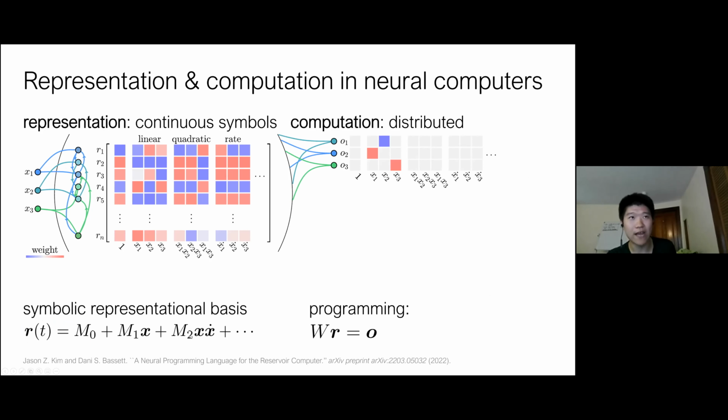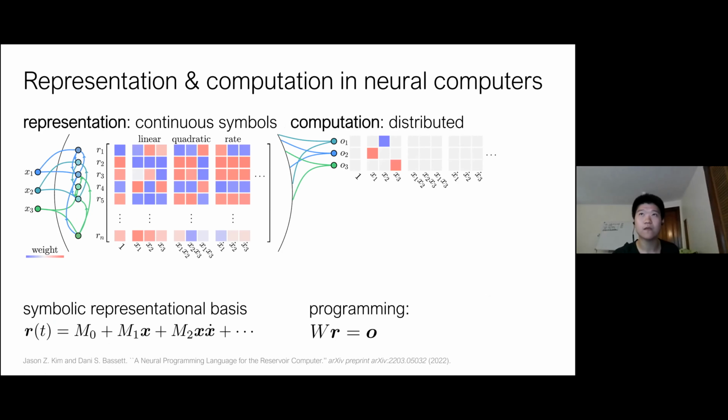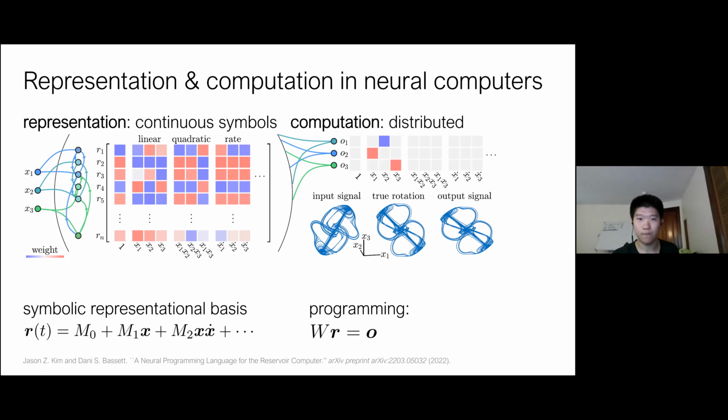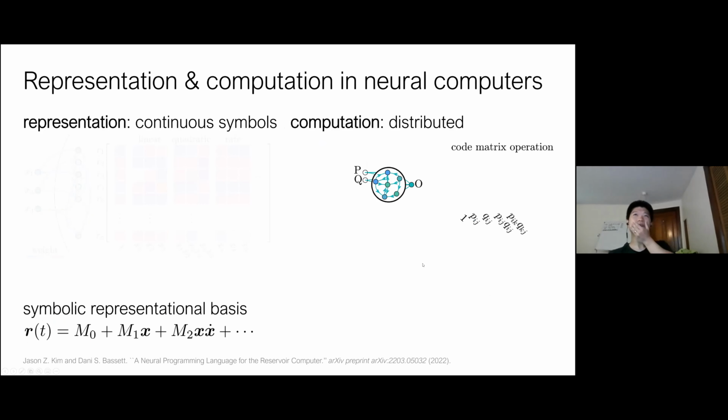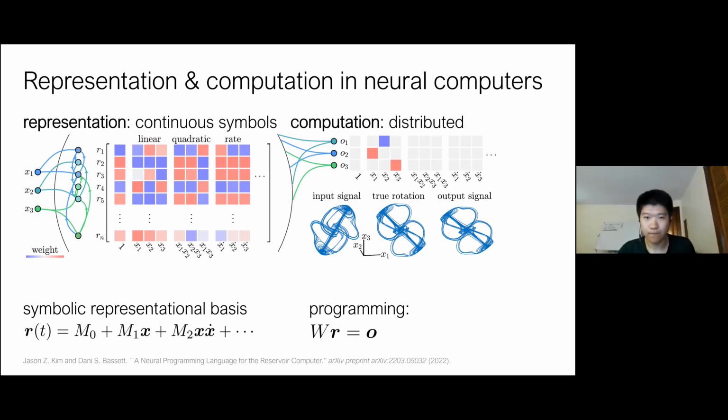So M0, M1, M2, all of these are just going to be very complicated functions of the initial parameters that we started with, A, B, C, and D. And these are randomly initialized, and then you keep them constant. Yep. Okay. Cool. Thank you.